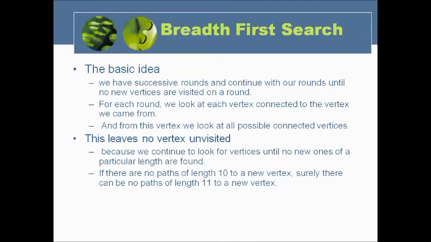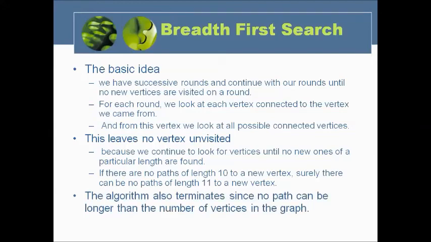This leaves no vertex unvisited, because we continue to look for vertices until no new ones are found. If there are no paths of length 10 to a new vertex, surely there can be no paths of length 11 to a new vertex.